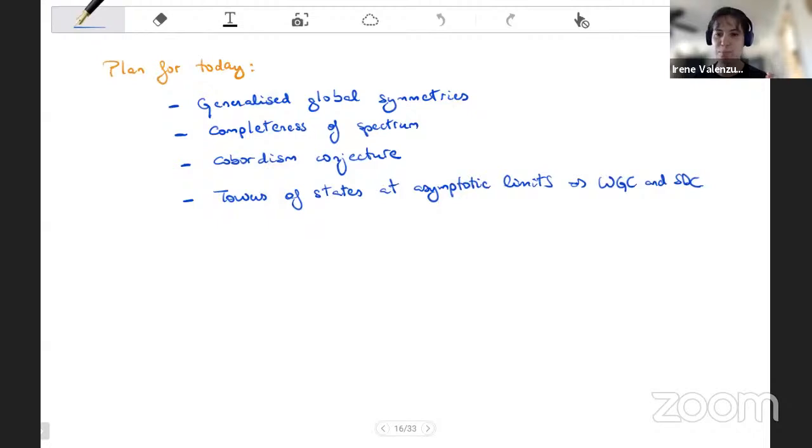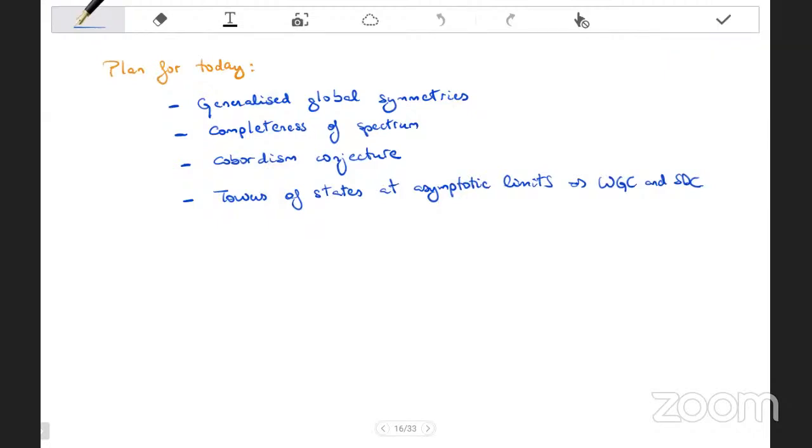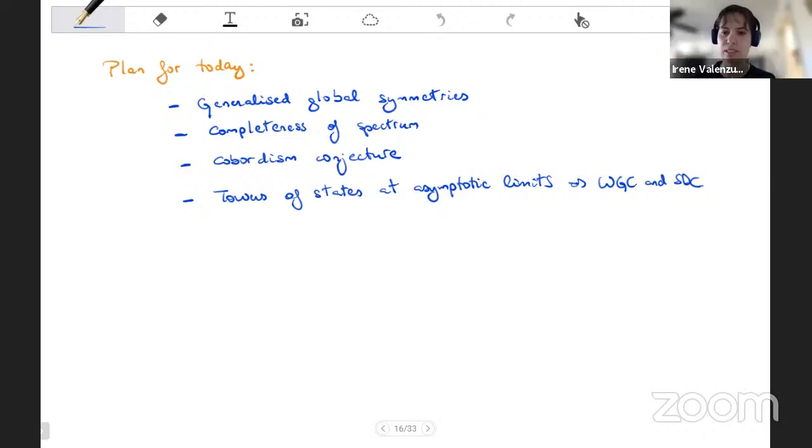Okay, in that case, the plan for today is to continue with this topic of global symmetries. So we are going to talk about generalized global symmetries, which is this generalized notion of symmetries that has appeared in recent years, and how this connects with completeness of the charge spectrum, which was another old Swampland constraint that now we understand in correlation to the absence of global symmetries.